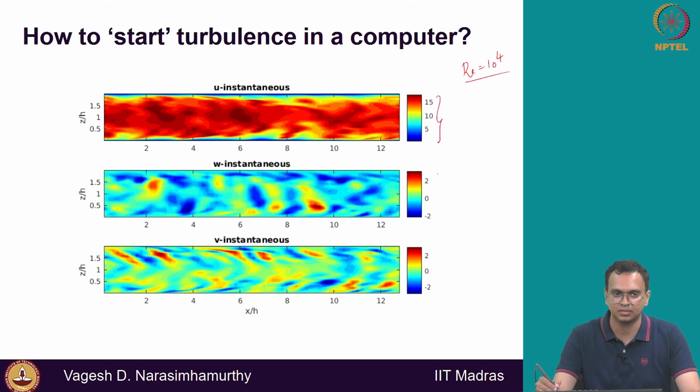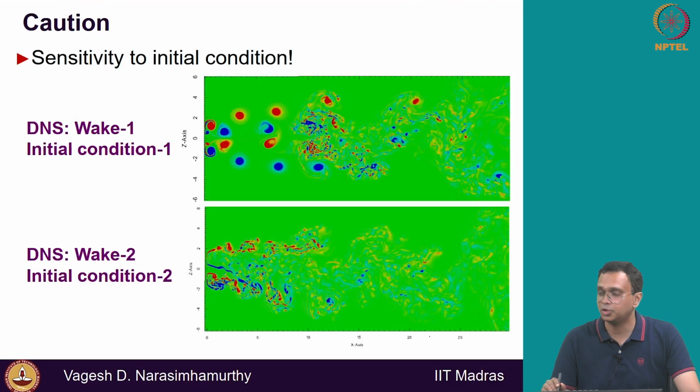Now I see it sustains, a fully 3D flow field, anisotropic. Some amount of trial and error is there, and some experience is required to do this. You should be careful about sensitivity to initial condition.